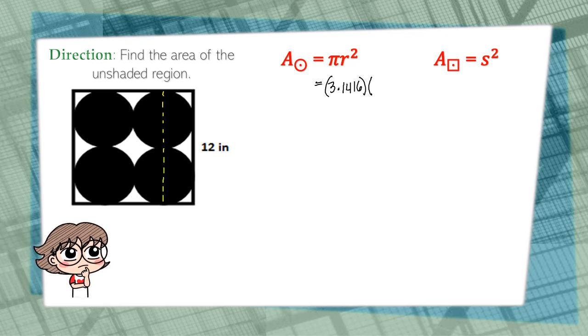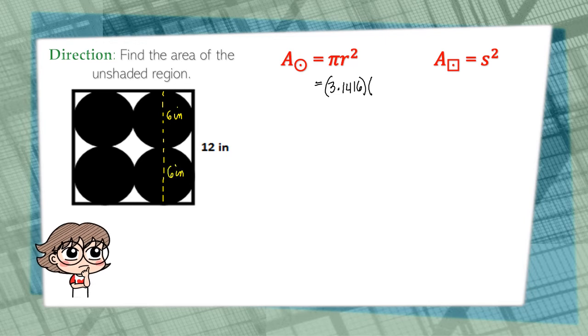we can say that if the side of the square is 12 inches, therefore the sum of the diameters of our two given circles would be 12 as well. But since we need to find out first the diameter of one circle, if the diameters of the two circles total 12, therefore for each, they would have 6 inches for its diameter.